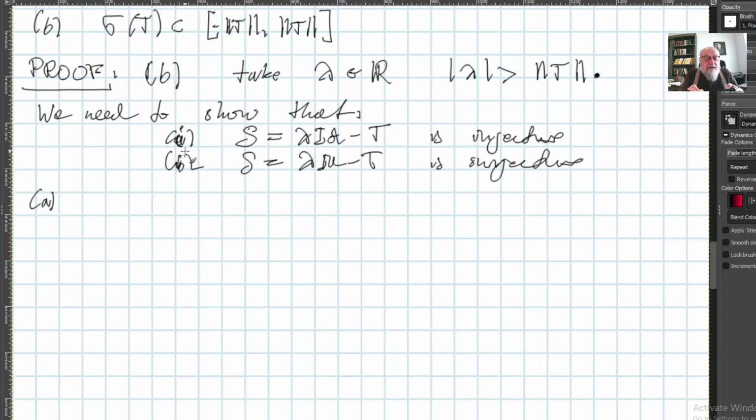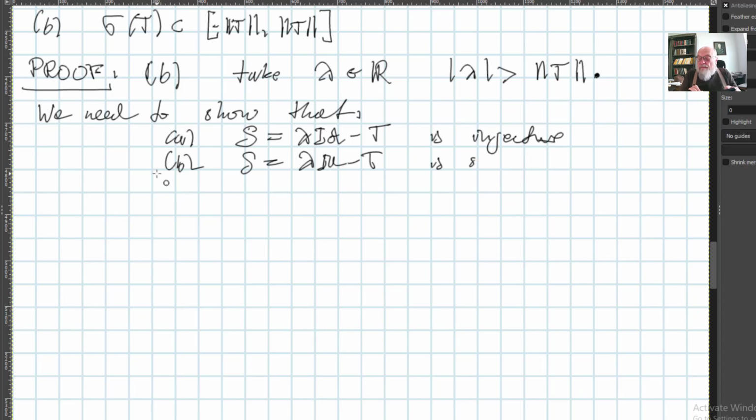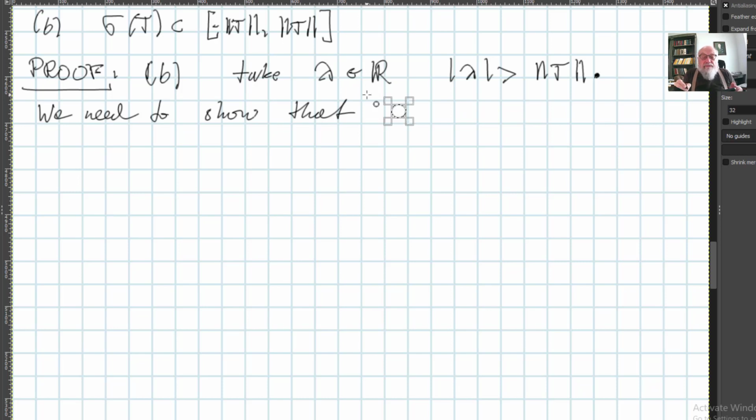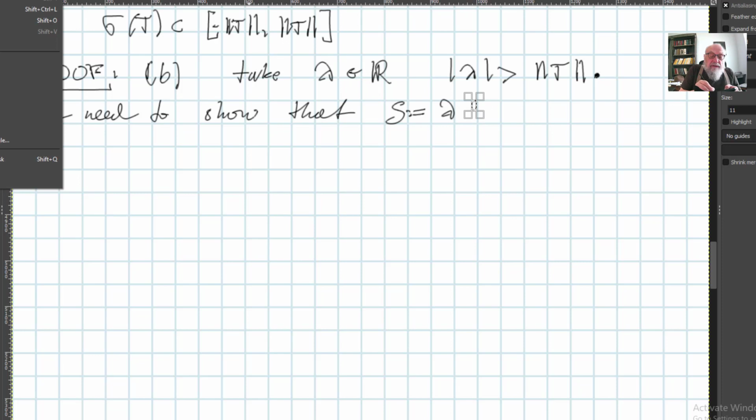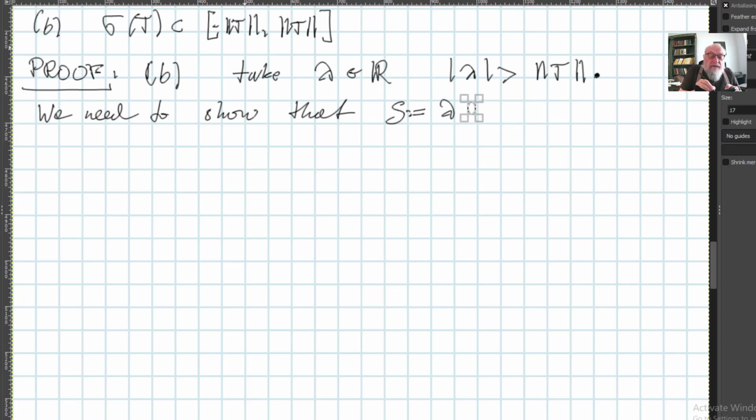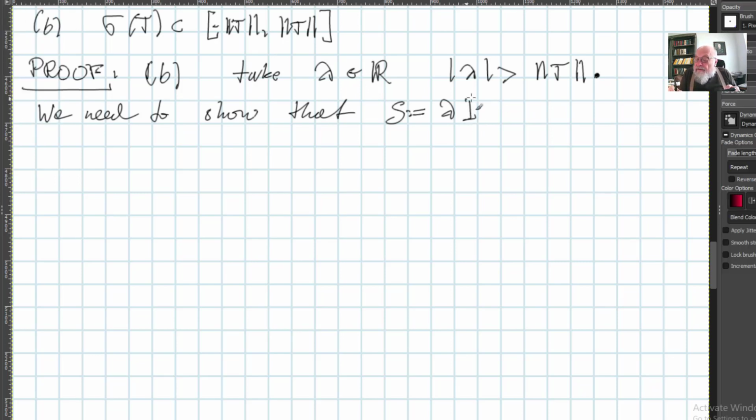So start with A. By the definition, S is lambda identity minus T: number 1, injective, number 2, surjective.